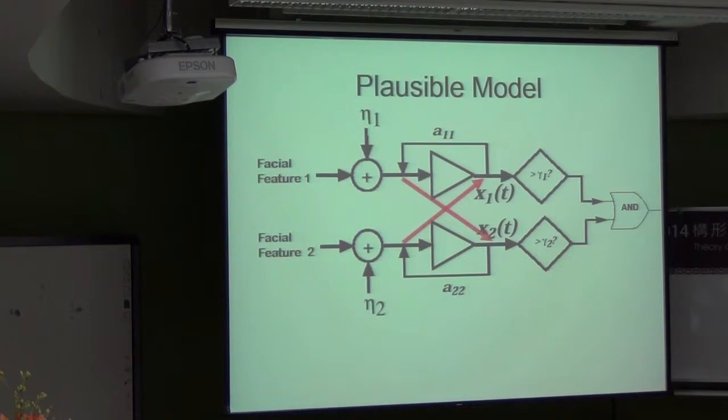Where does holism come in, as a potential use of our system? It's in the crosstalk between these units. These red lines indicate crosstalk, so when you get some evidence from facial feature 1, it's sent to facial feature 2, and that speeds up the accumulation of evidence in the opposite feature.